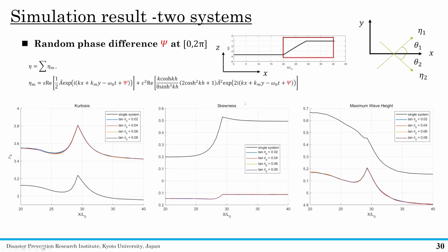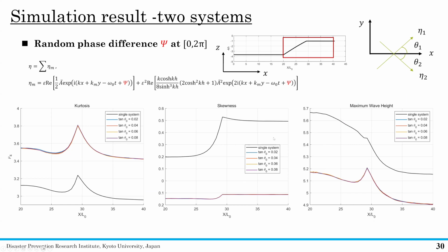Then we are curious whether there is really no contribution from the oblique angle. This is the result from the two-system case, with our final equation, and we can see the single-system equation from the same initial condition. The crossing case is very different from the single case. But in the crossing case, because the angle is very small, the different angles actually make no contribution to the kurtosis and the maximum wave height.